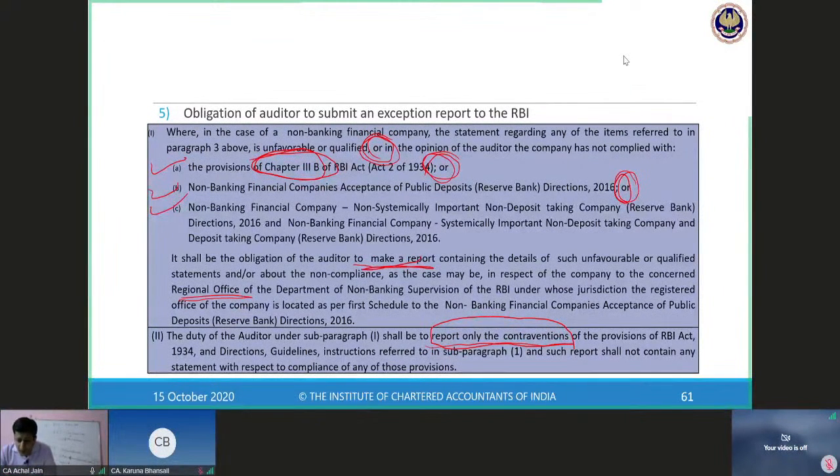The duty of the auditor shall be to report only the contravention, and such report shall not contain any statement. You remember we highlighted on this point. Any statement with respect to compliance of any of these provisions.